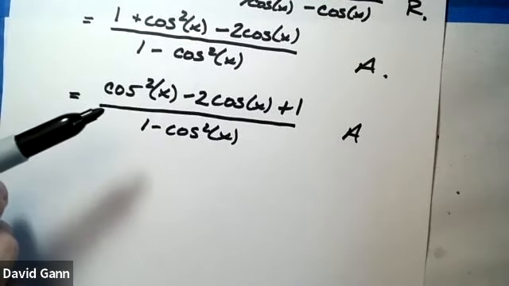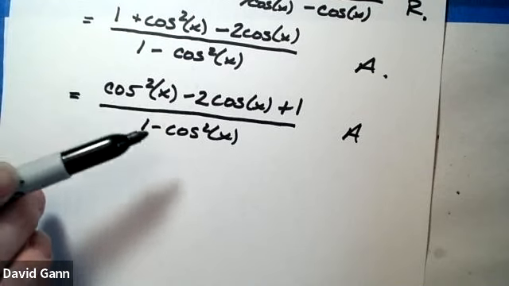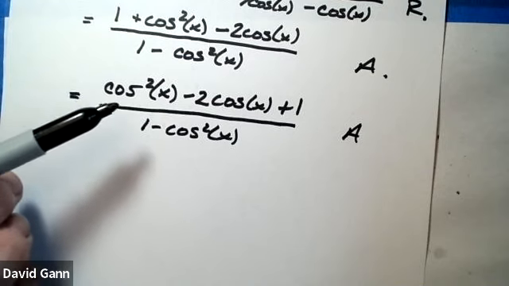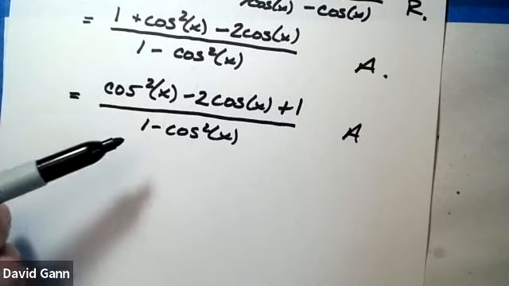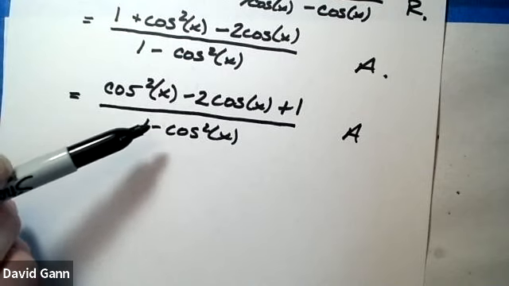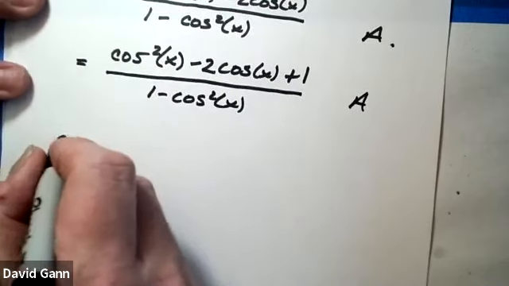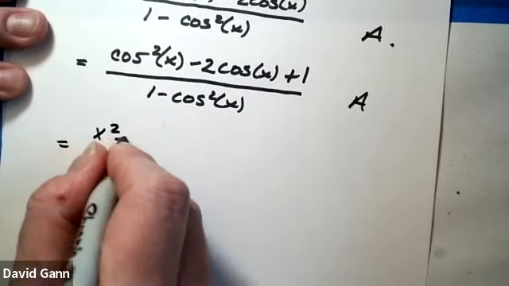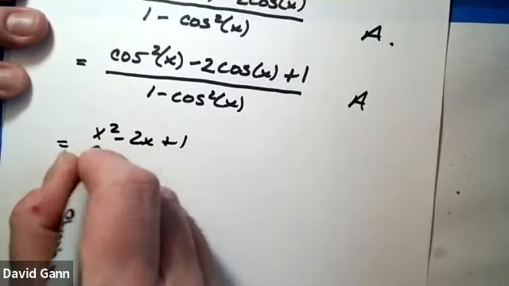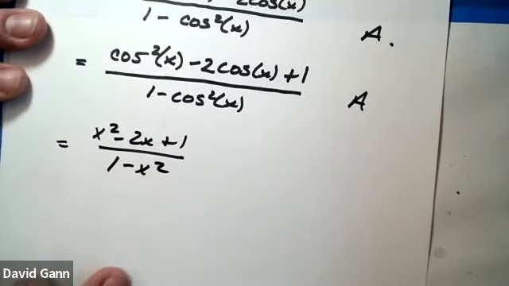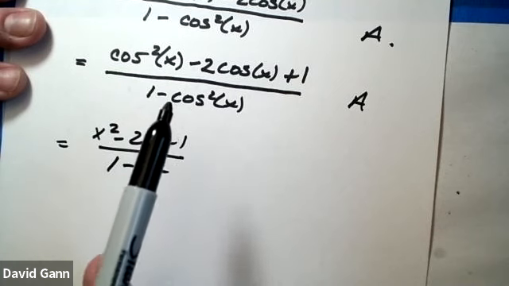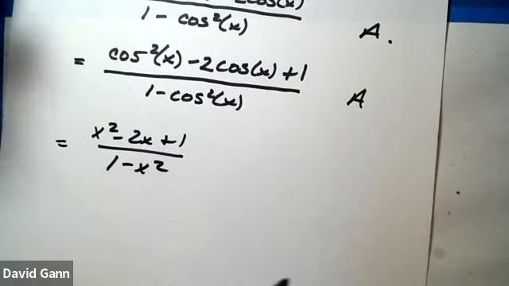Now, it just so happens that if you remember from the first lecture, I was talking about, hey, don't forget about factoring, because you can factor these things. And if we were to look at this instead of having cosines, if you just want to think about this for a second as x squared minus 2x plus 1 over 1 minus x squared, where cosine is actually x, or you could use some other letter.